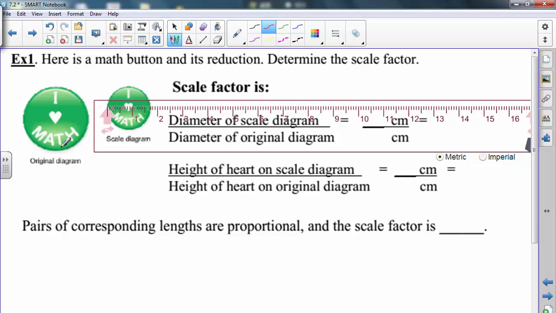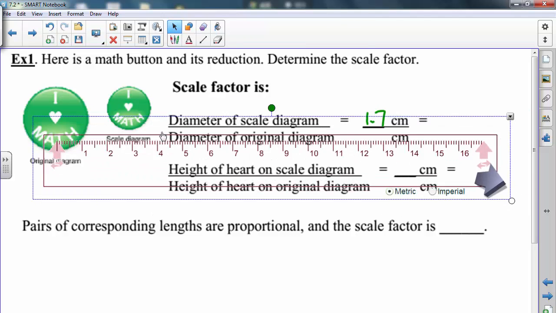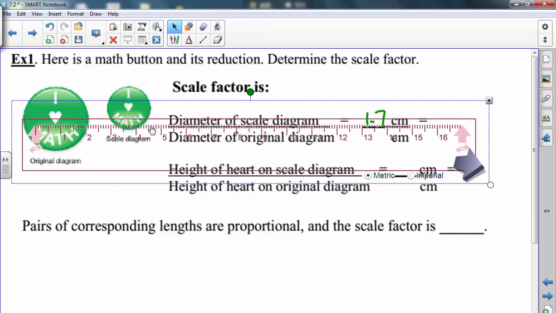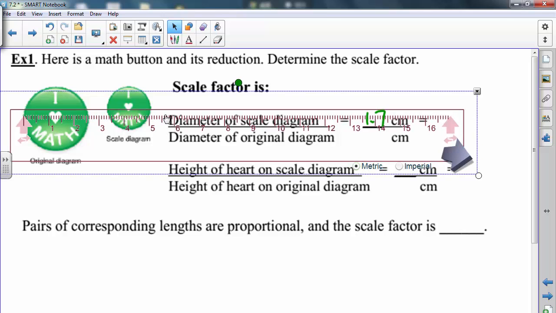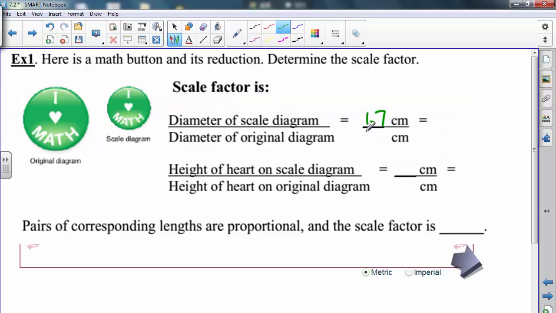If I use a ruler, I will see the diameter of the scale diagram is around 1.7 centimeters. Let's measure how long the diameter is in the larger diagram. You can see 2.55 or 2.6. Let's just say it's 2.55.